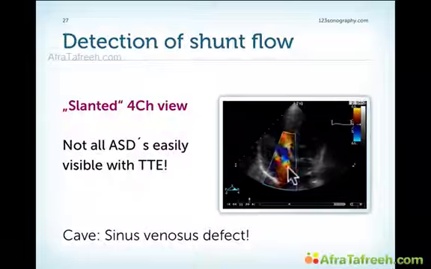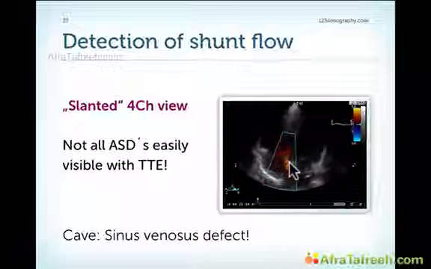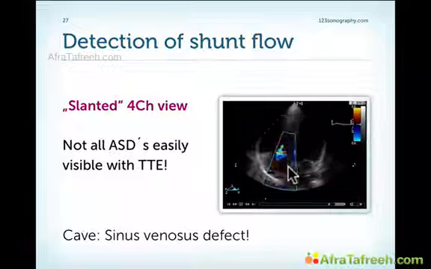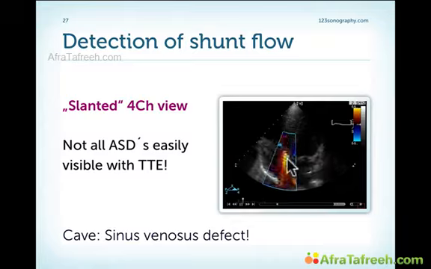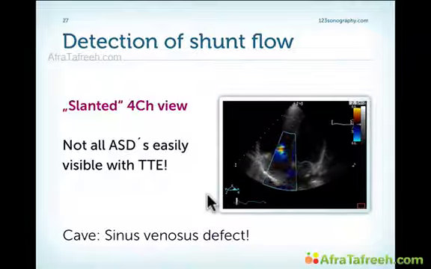This is better for the visualization of the defect, but also better for the flow detection, because we are now more parallel to the incoming flow from the left atrium to the right atrium.